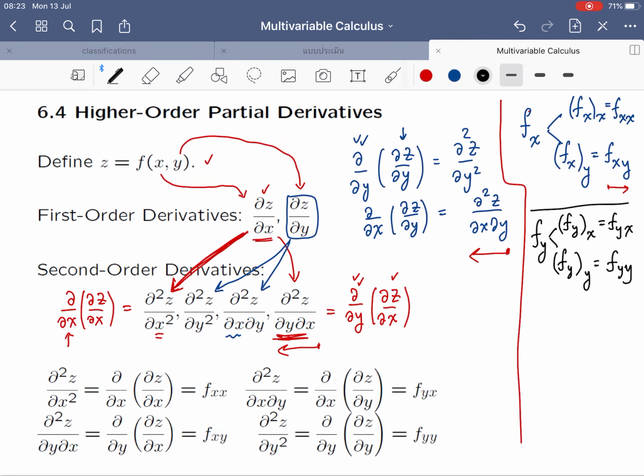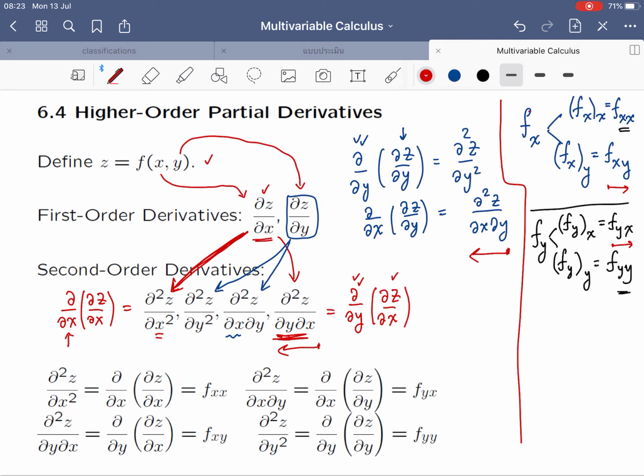Of course, if you keep finding derivatives with respect to the same variable, x or y, there is no confusion. But if you are switching between the first and the second variable, then you need to be careful about the different notations.